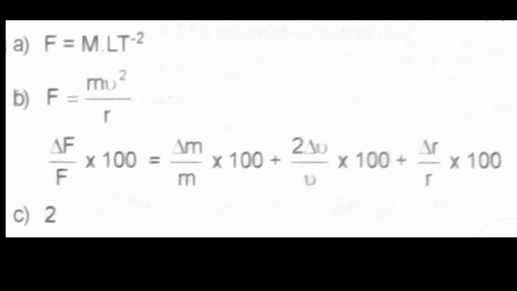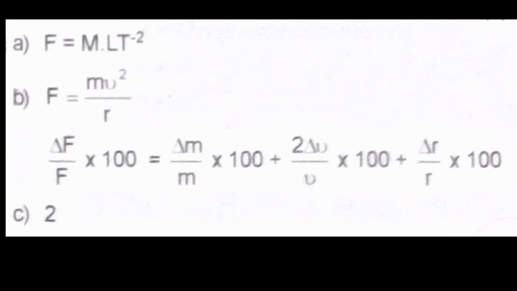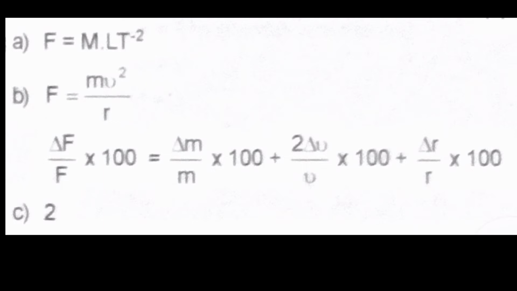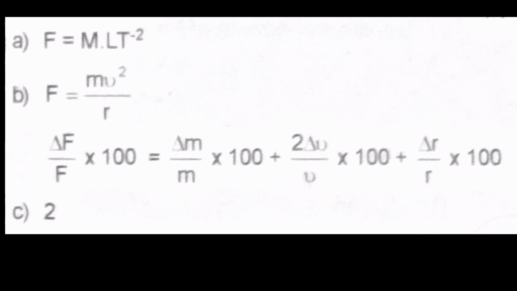The question is, what is the number of significant figures in 0.050 Newton? How can we find the significant figures in this case? This number is less than 1, right? So what is the rule of finding the significant figures in this case? We have studied that if the number is less than 1, zeros on the right of the decimal point but to the left of a non-zero digit are not significant, isn't it?